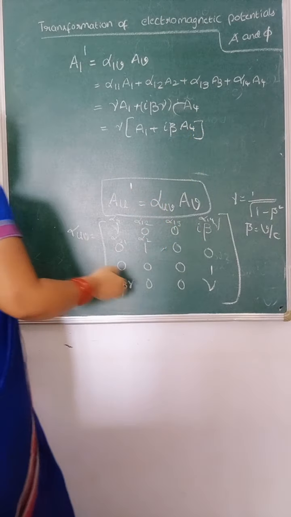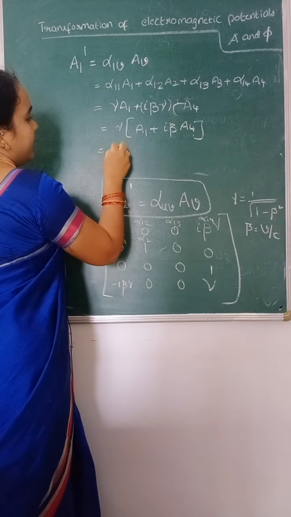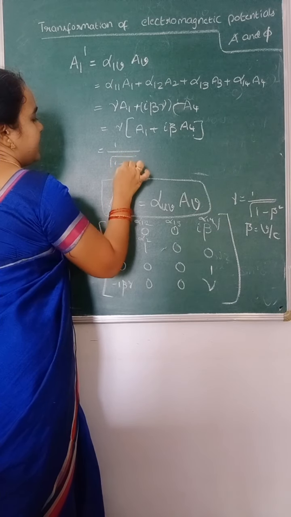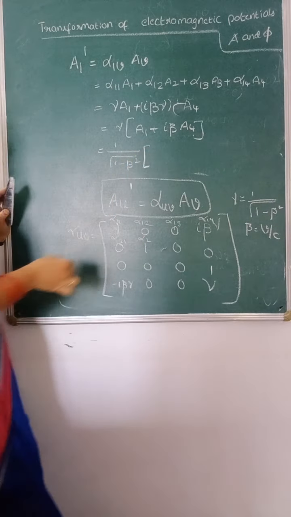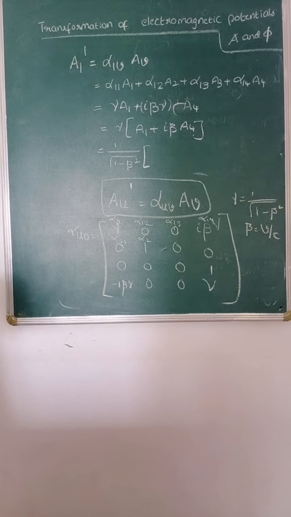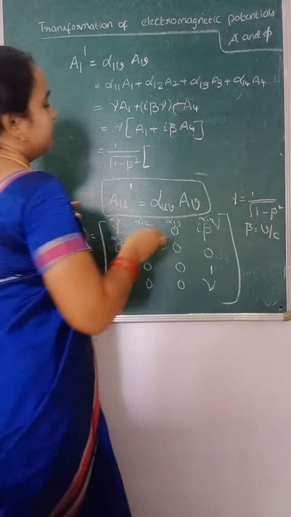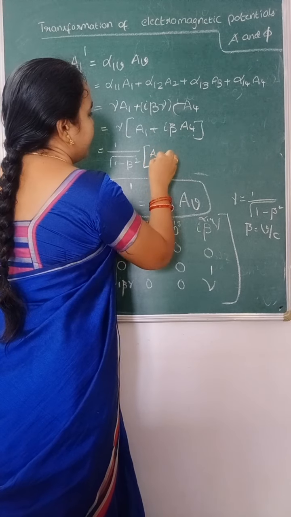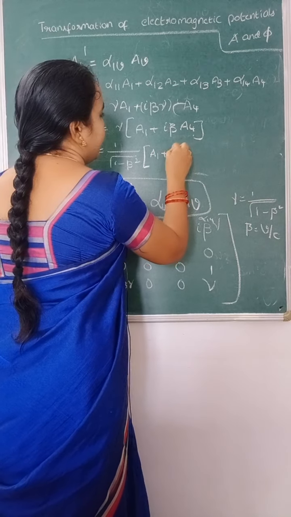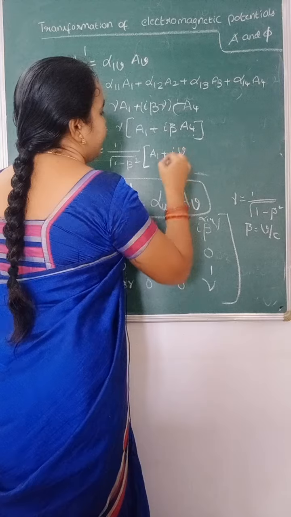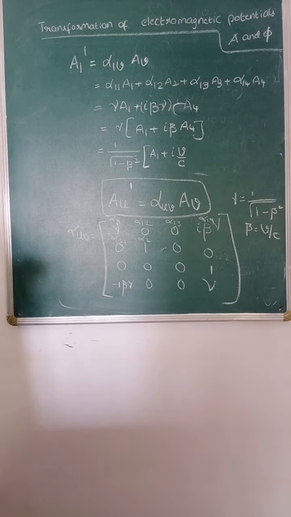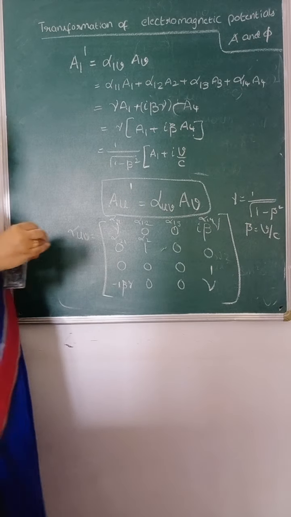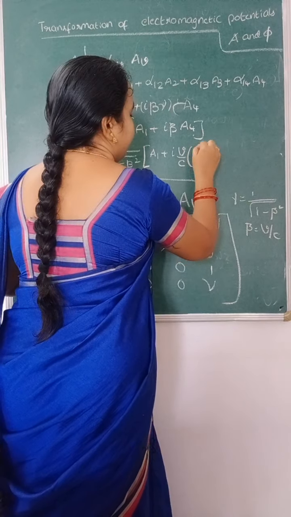What is gamma? 1 by root of 1 minus beta squared, into A1 plus i v by c into A4. What is A4? A4 we have already defined as i phi by c.